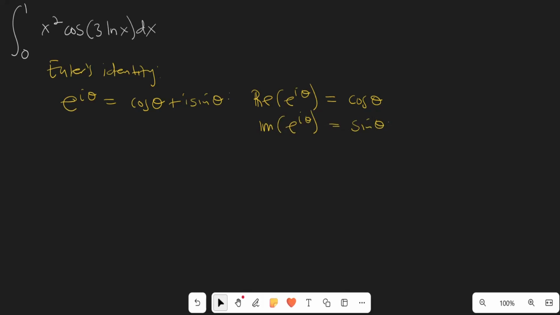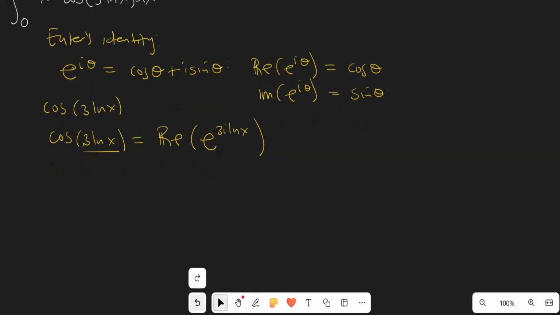So here, if we have cosine of 3 natural log of x, then using the Euler's identity, cosine of 3 natural log of x is going to be the real part of e to the i 3 natural log of x, or you can say e to the 3i natural log of x, because this one is now our theta.